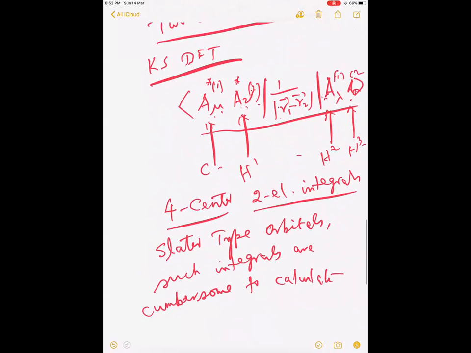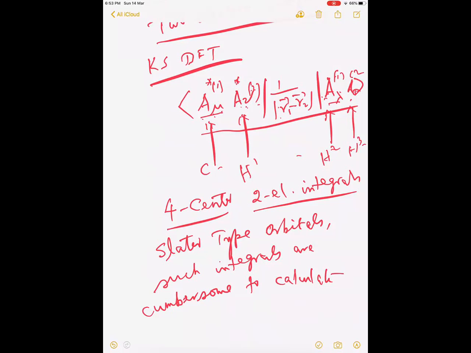If you notice, electron 1 is sitting on this atomic orbital and this atomic orbital. Provided I can multiply these two, a mu and a lambda, and if I could make one Slater orbital, then this would have become a 2-center, 2-electron integral.